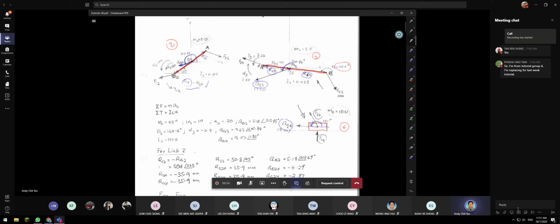Okay, so the next one is F23. That means link 2 on link number 3. So I can assume this is going up. I can also assume this is coming down. So F23, it doesn't matter. But then when I draw here, F32 has to be upward, because I draw up here.